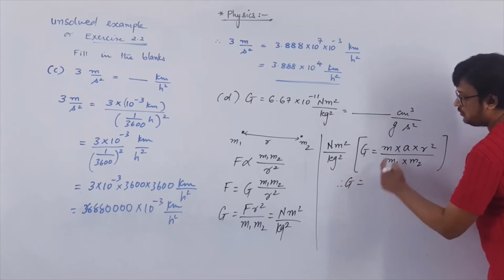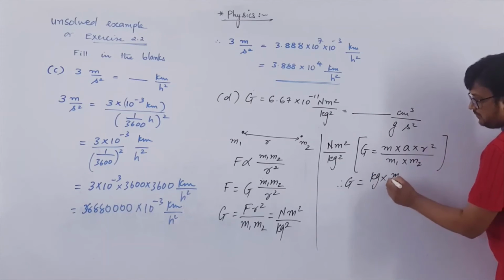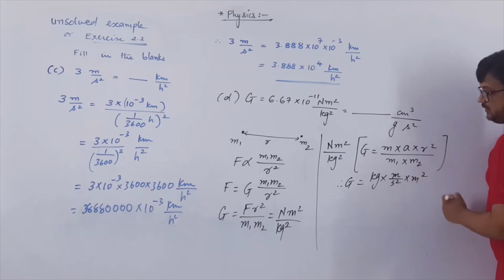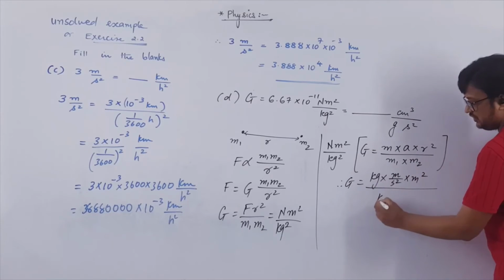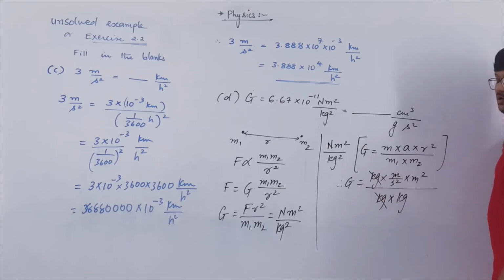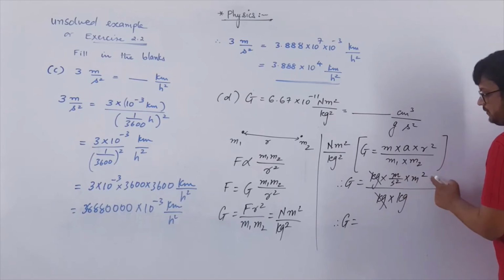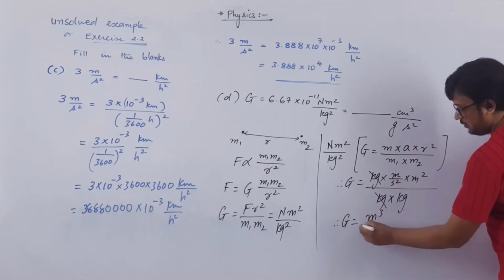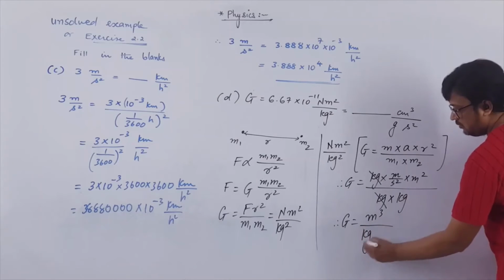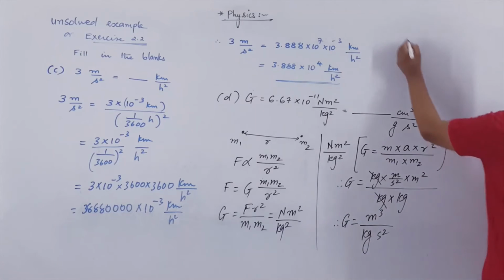Therefore G will be the unit of mass, kg, the unit of acceleration, meter per second square, and the unit of distance, meter square, upon mass, kg, and this is also mass, so into kg. If you see, kg will cancel out. And we will have G equal to meter into meter square is meter cube upon kg, and this second square will come down, kg second square.